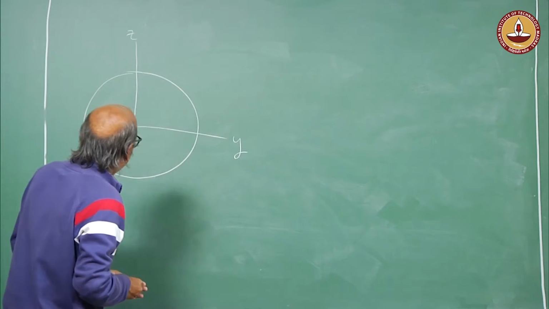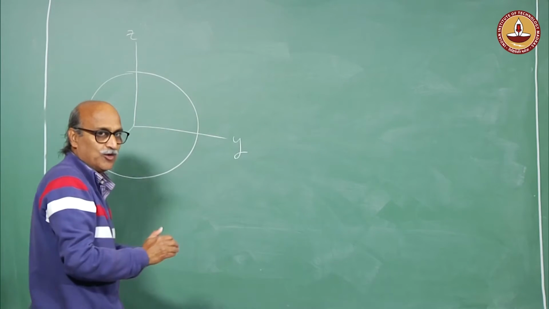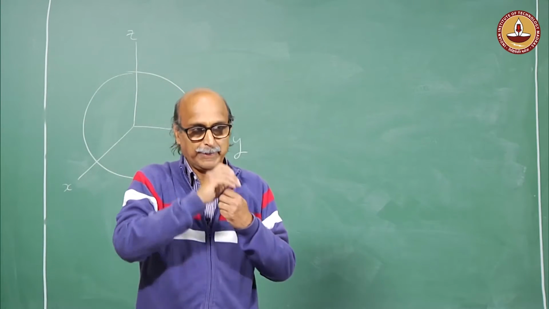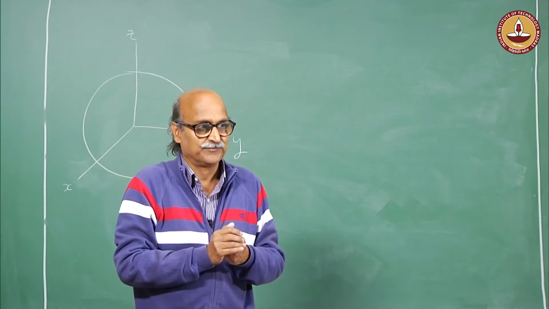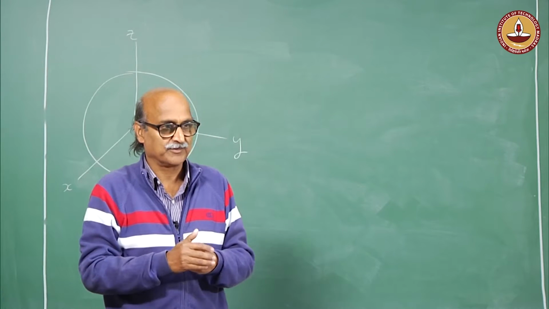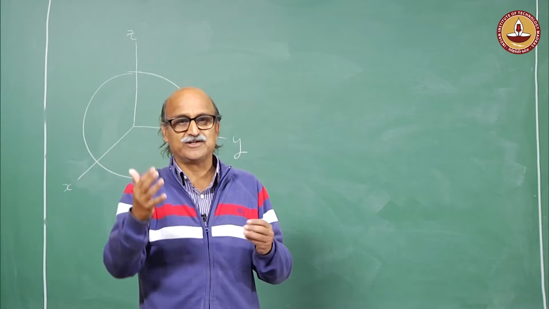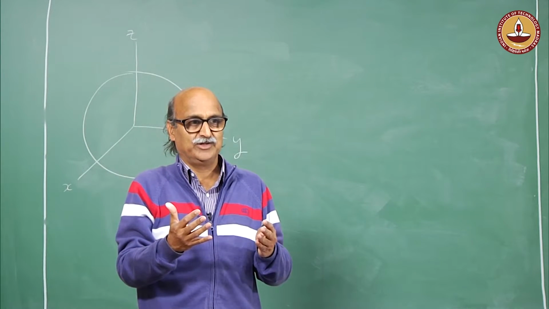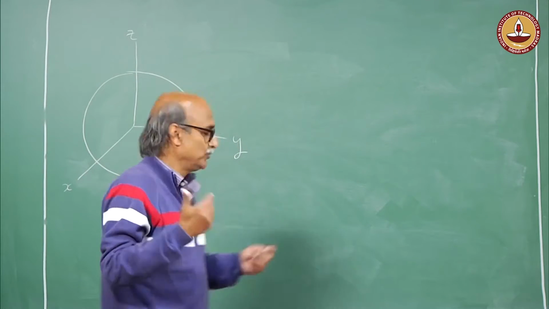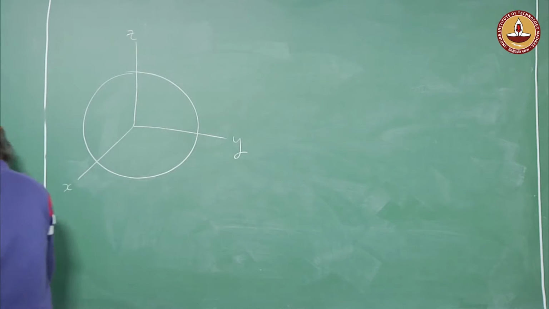So, how do I divide? First of all, how do I divide the surface of the sphere into small infinitesimal areas? How can I do that in a simple manner? If you look at the globe, how are areas divided on the globe in terms of latitudes and longitudes? We can do the same thing on this surface.